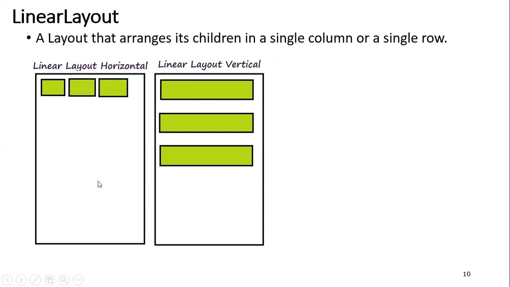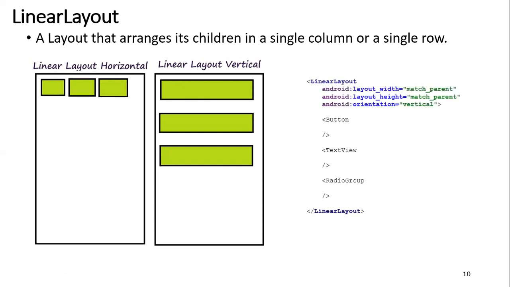Inside your root, you need to order those elements either horizontally or vertically, like this one. So this is called linear layout horizontal. You are arranging elements horizontally. This is vertical. So for example, if you write this linear layout, orientation is equal to vertical, you are creating something that looks like this one, if it is vertical.